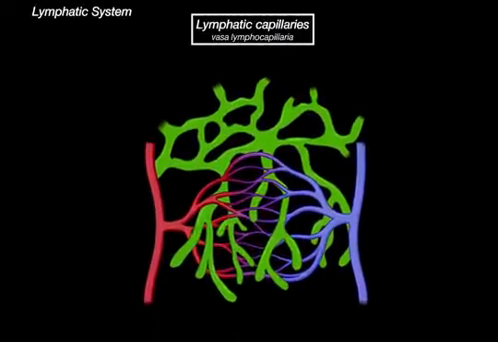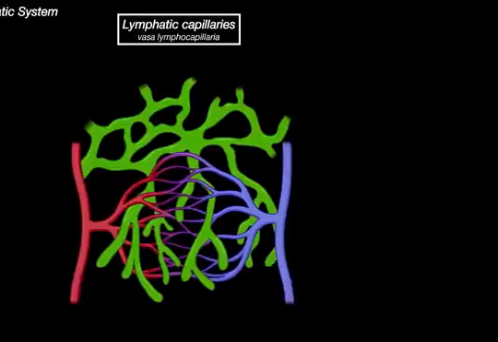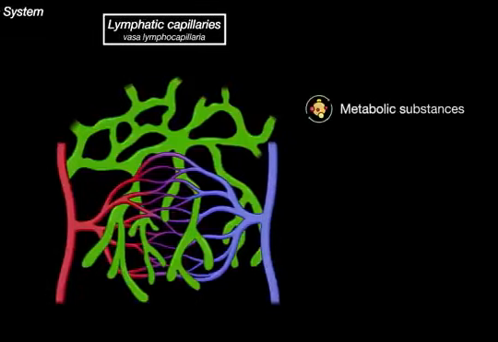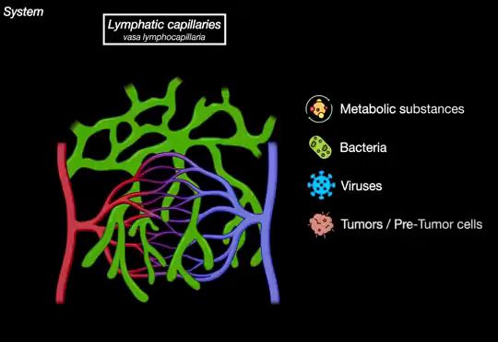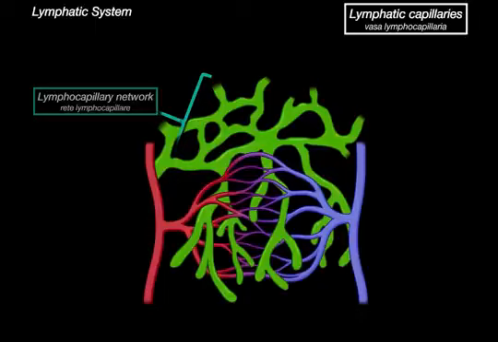Lymphatic capillaries are blind-ended tubes, so this open-ended structure ensures a unidirectional flow of extracellular fluid. They collect fluid along with metabolic substances, antigens such as bacteria, viruses, or even tumors or pre-tumor cells, as well as antigen-presenting cells. These capillaries form interconnected networks that run alongside blood capillaries and venules.